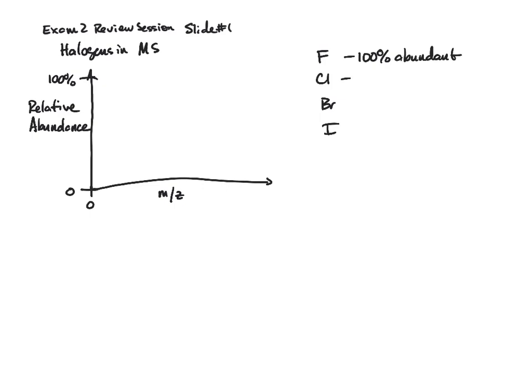Chlorine has 2 isotopes, 35 and 37 Cl, that occur in a natural ratio of 3 to 1, or 75-25. So that's just the normal isotopic abundance of that stuff on Earth.